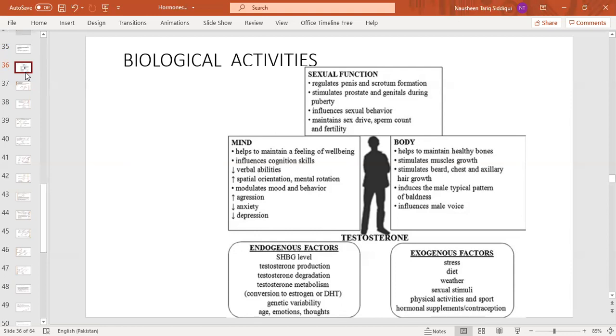There are other factors, exogenous factors and endogenous factors as well. Exogenous factors include stress, diet, weather, sexual stimuli, physical activity and sport, hormonal supplements, and contraception.